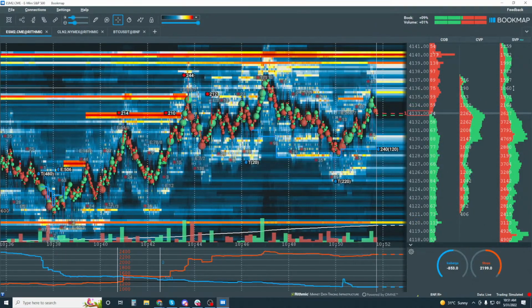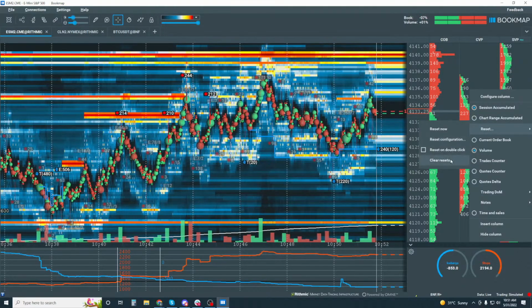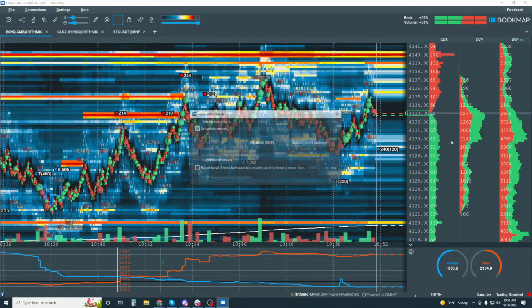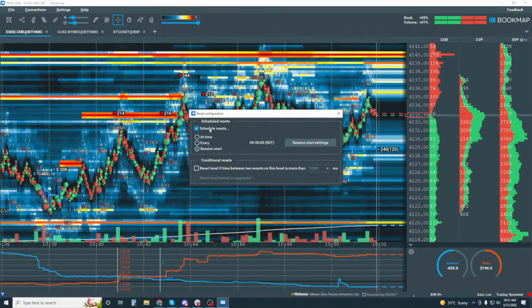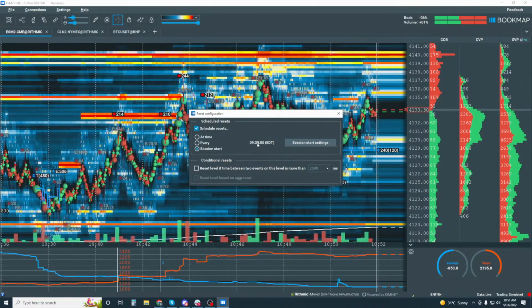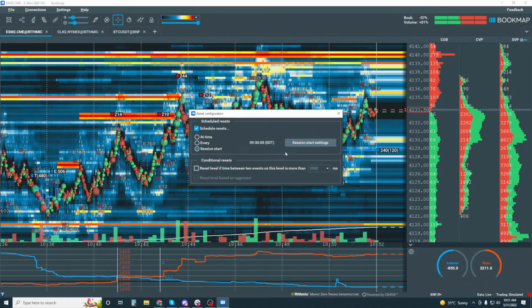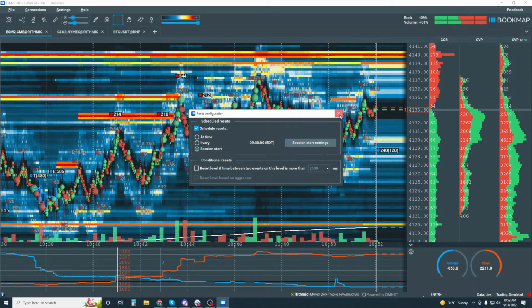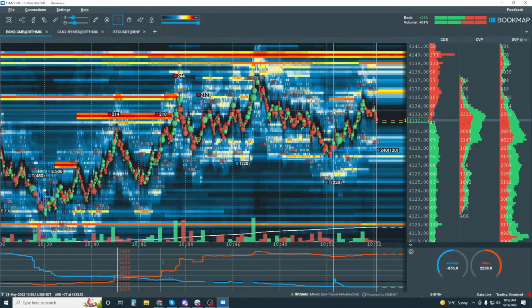So right click again and go to reset, and then reset configurations. Then you can have it reset in here. So for example, 9:30, you select your time if you want to add in your time, apply it, and that's it. That should do the trick for you. It should be the same in Thinkorswim.